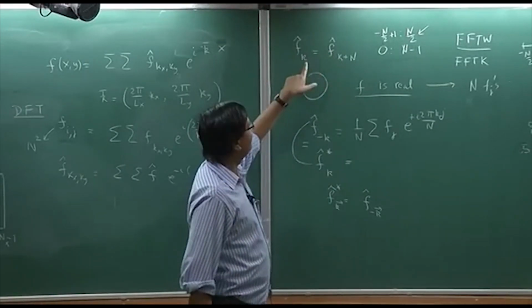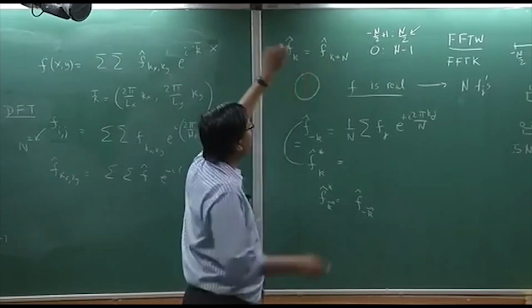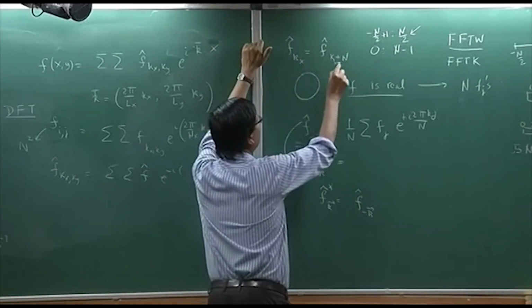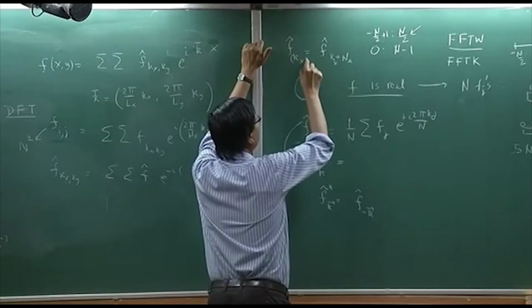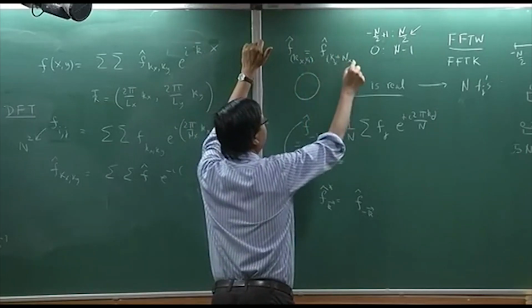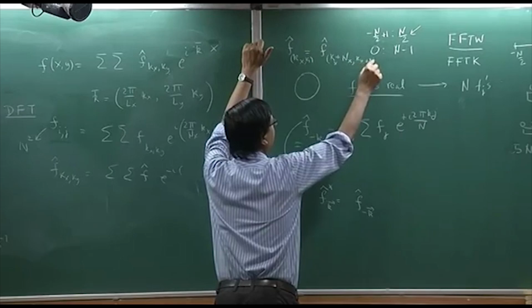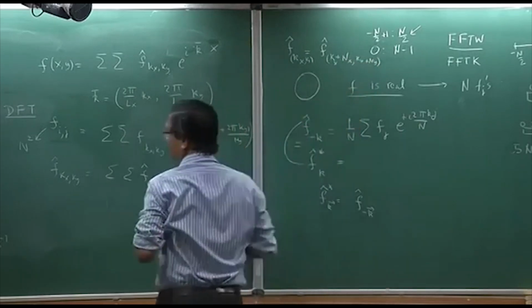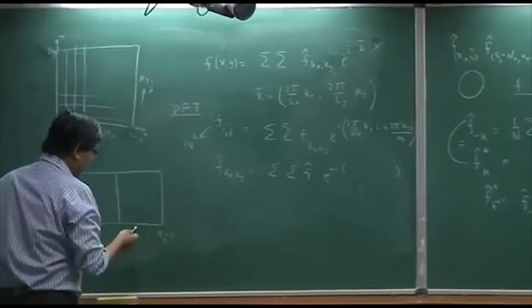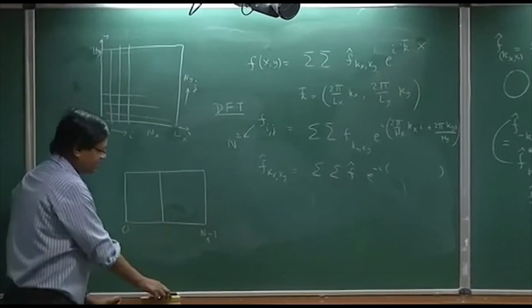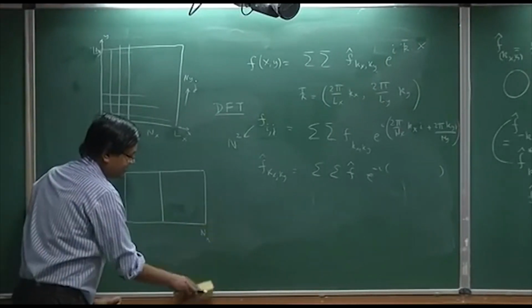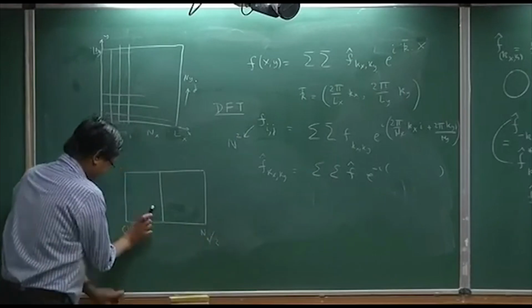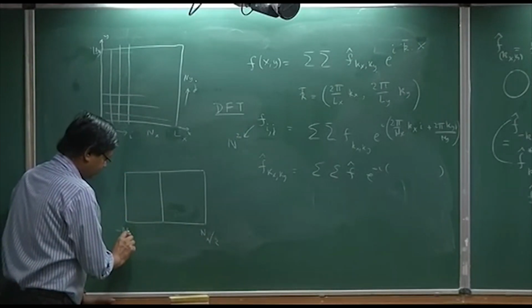You can just see that for each component, kx equals, like this, it works. So, actually this is not a convenient thing. So, you just store it from nx by 2 to minus nx by 2.